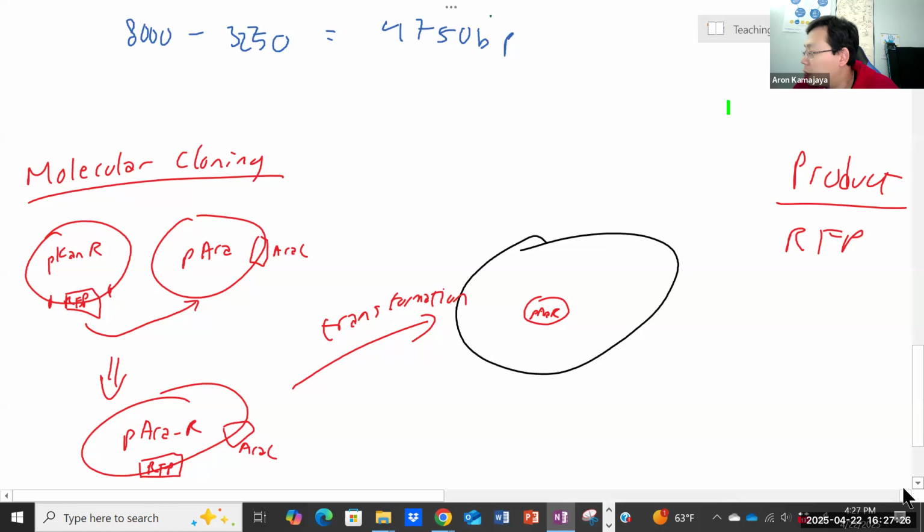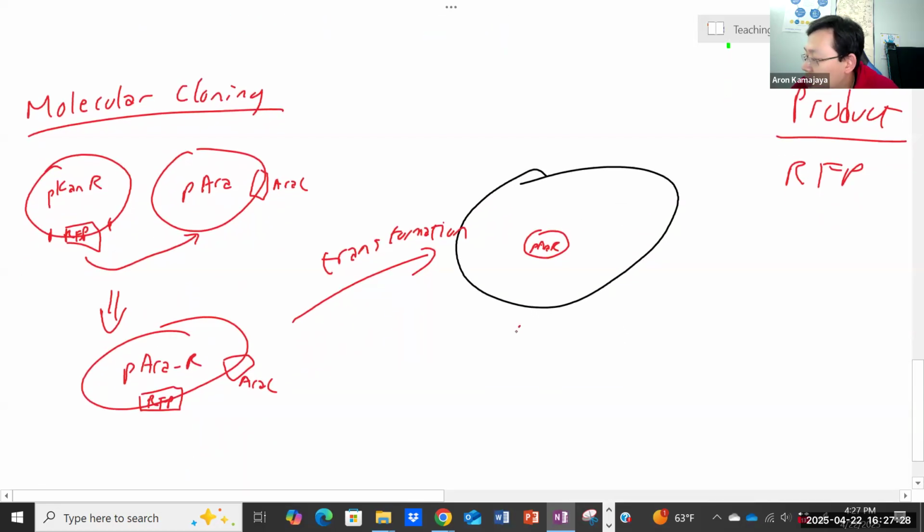So once you do transformation, the next step is you are going to express this protein. And the entire process of protein production and purification, the entire thing, is what we call biomanufacturing.